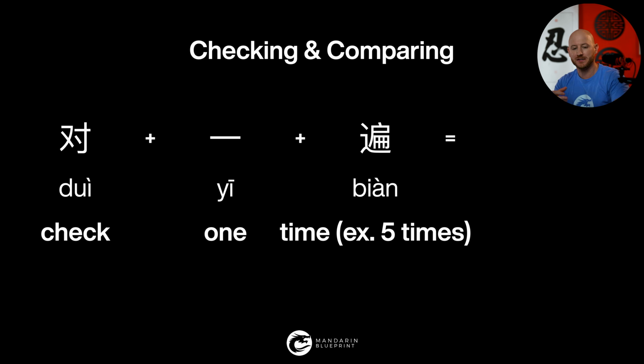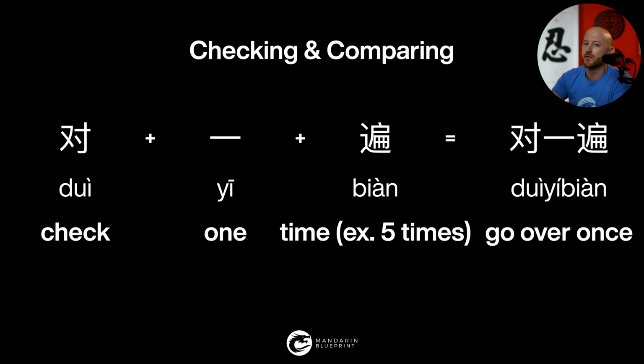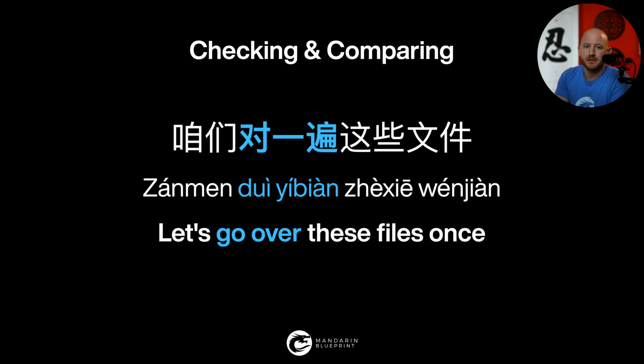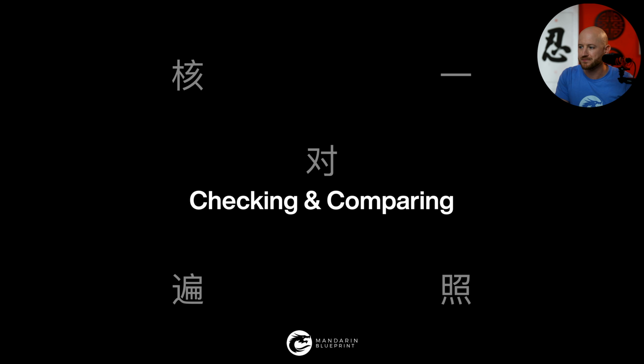That's what 遍 tends to mean. So 对一遍, check one time, it means to go over once, and often go over again or something like that, depends. But 咱们对一遍这些文件. Let's go over these files once, right? If you say 对一遍, it means check a full time, like a full go through, and you'll definitely have opportunity to use that in day-to-day life.